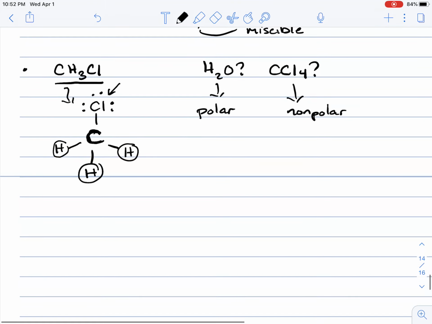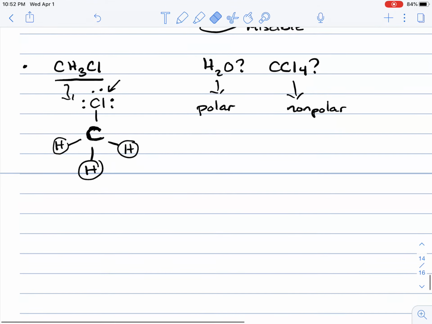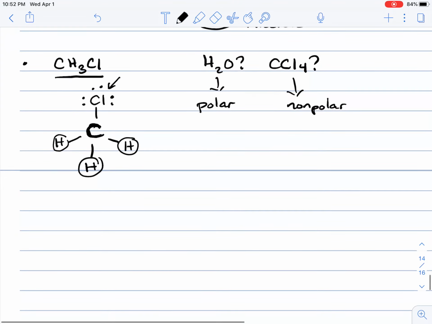And so we're just using 2 simple criteria to determine if a molecule is polar or nonpolar. Since we have asymmetry in the atoms that are covalently bonded to the central atom, and since we don't see any lone pairs on the central atom, which is carbon in this case, we're going to go ahead and conclude that this molecule is polar.